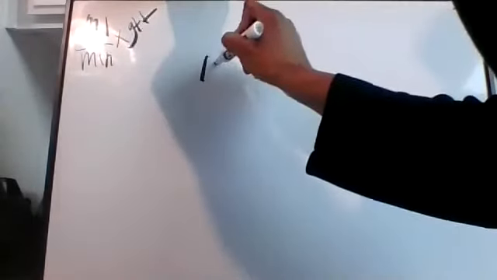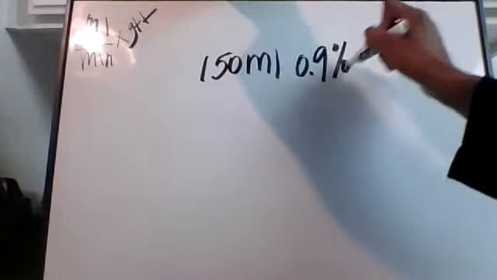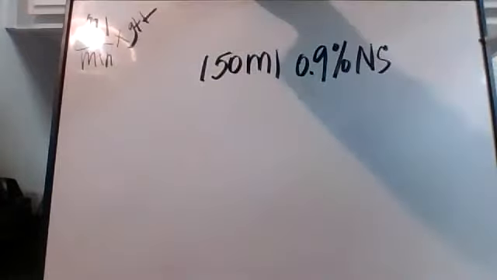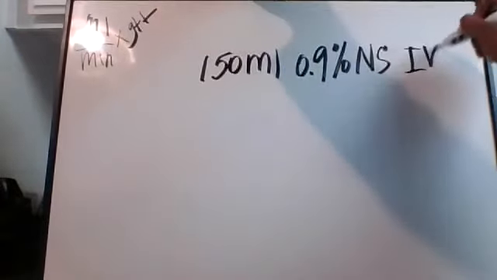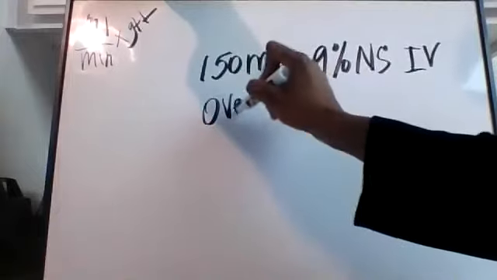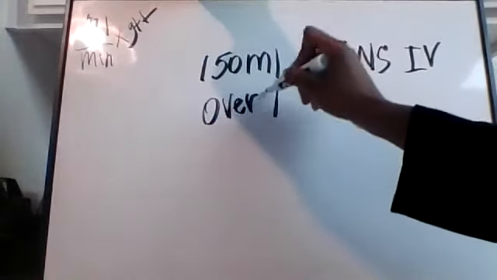All right. I feel like once you kind of do enough of them, it'll be a little bit easier for you. Let's see. This one is 150 milliliters, 0.9% normal saline, IV, over 1 hour.